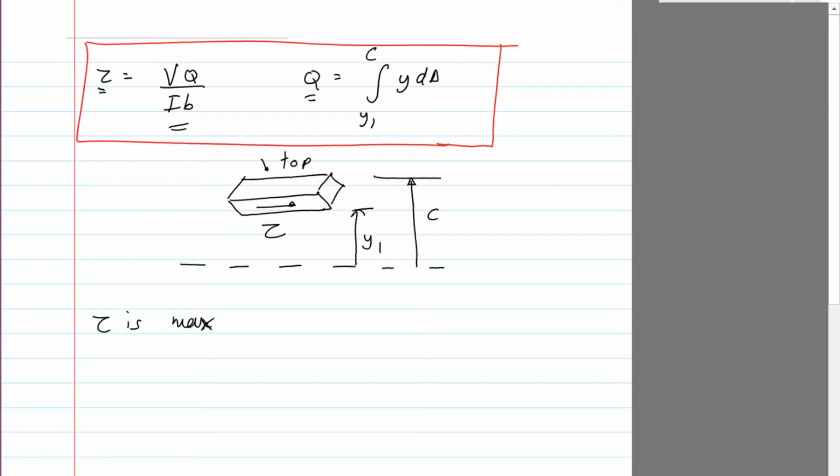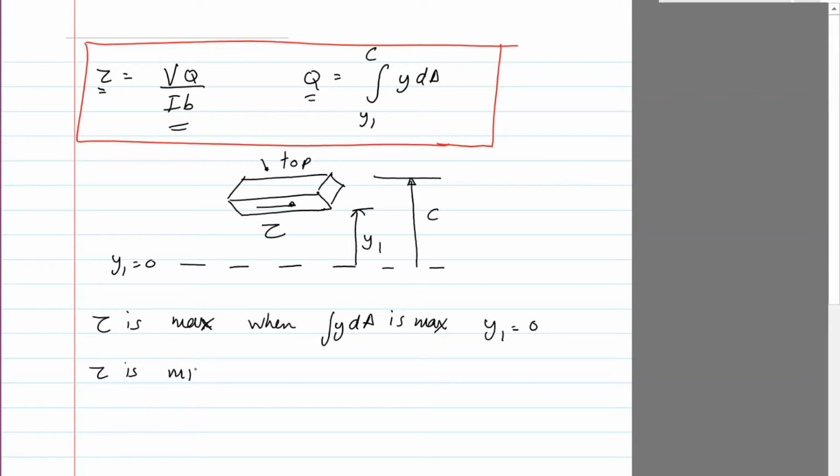So tau is max when integral y dA is max, and that happens when y1 equals 0, in the middle of the section. In other words, the shear stress is maximum at the neutral axis.